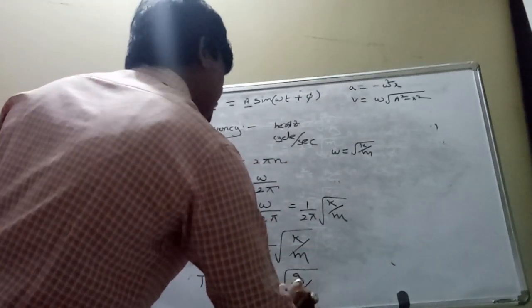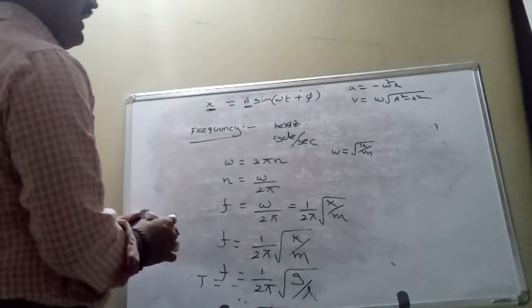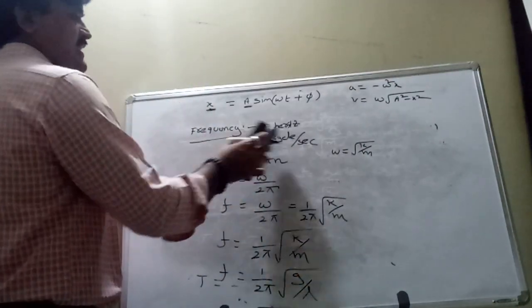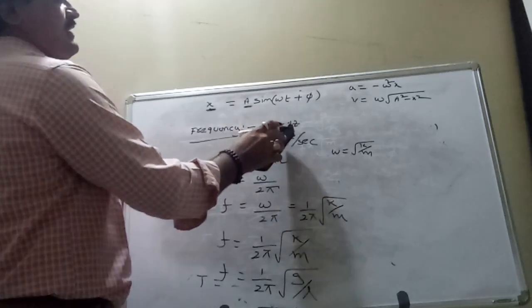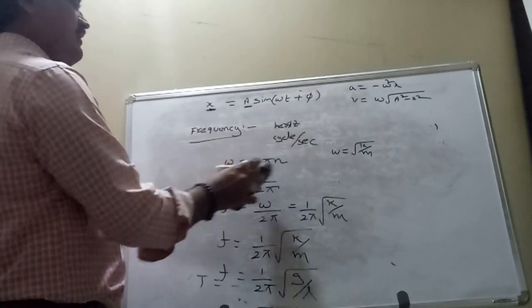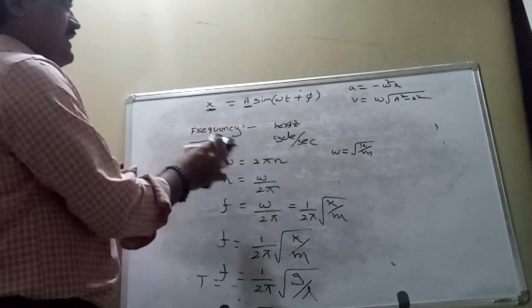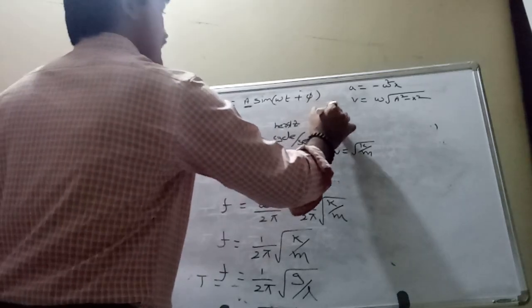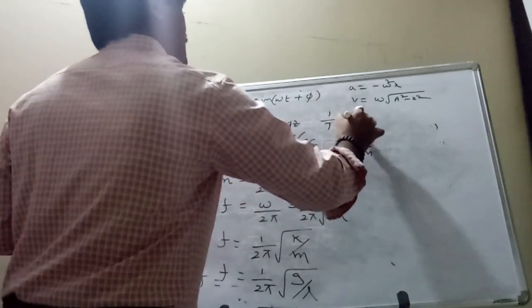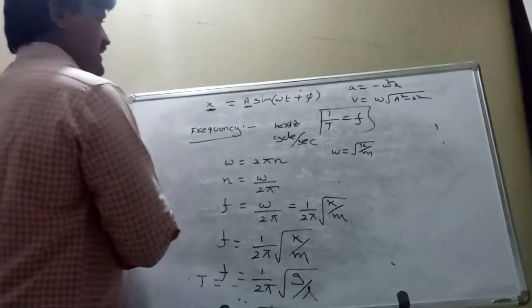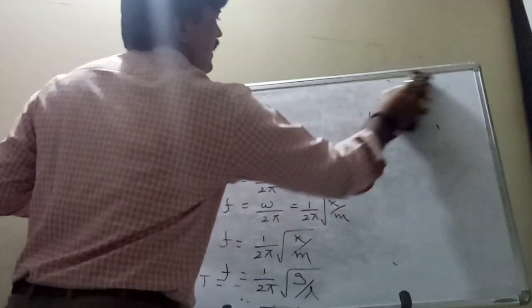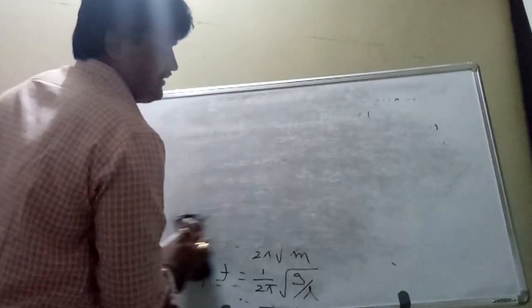That is frequency. Frequency units, SI unit hertz, cycle per second. The number of cycles per second is called frequency. Reciprocal of time period is also frequency: 1 by T equal to f.